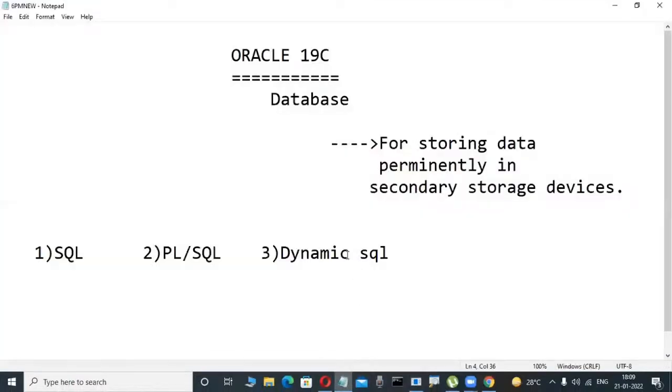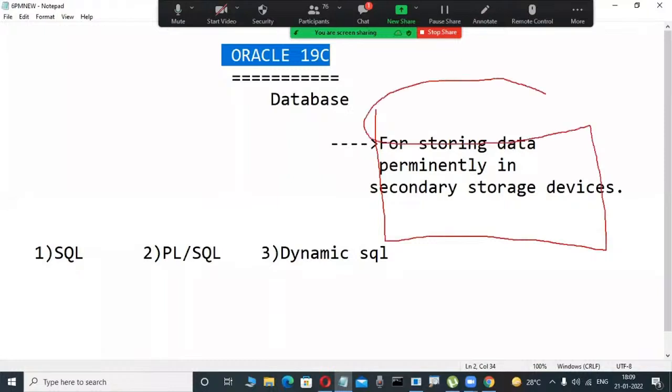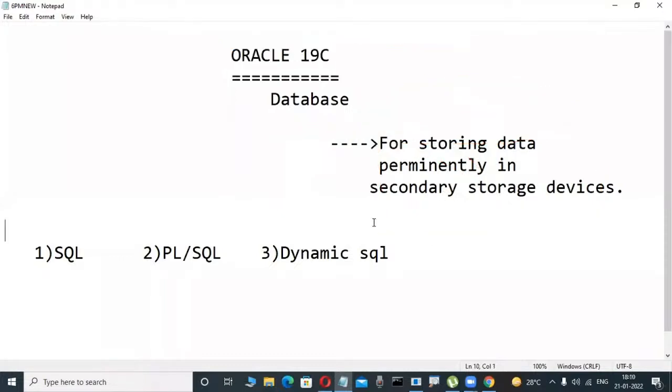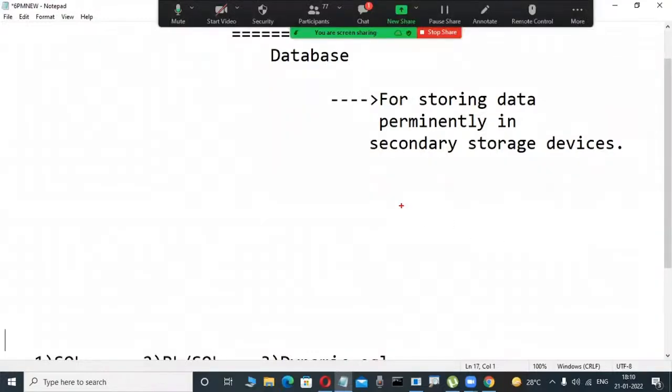Once we install the Oracle software, some place is automatically created on the disk. In this place, we permanently store data. These types of databases are relational databases; these database software have been available from 1970 onwards.